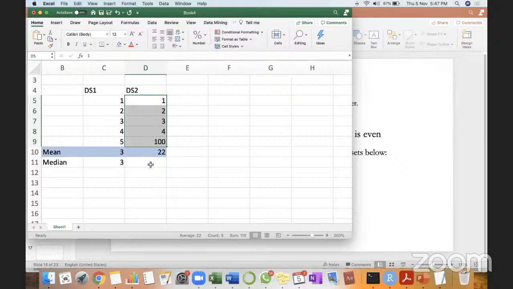Still 3. Exactly. So no matter whether you have outliers in the data set or not, it doesn't matter. The median gives you the right measure of central tendency, and the median is robust towards outliers.